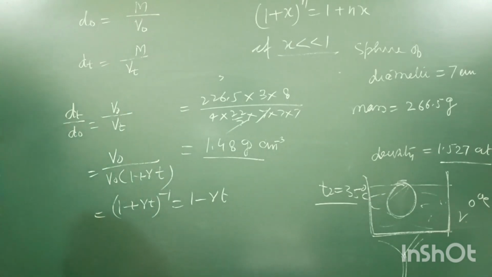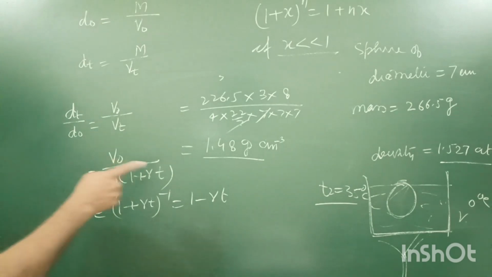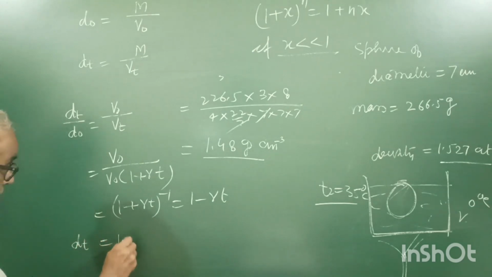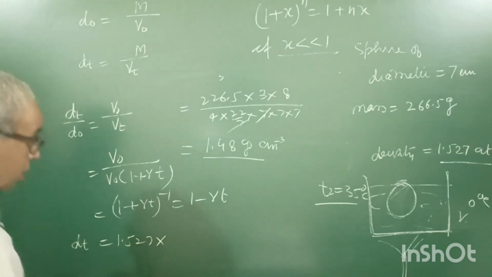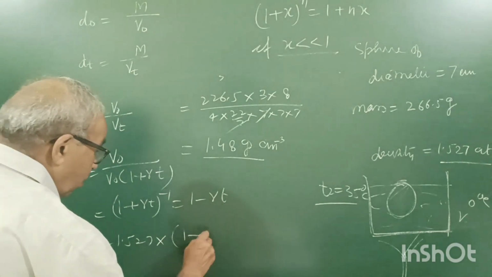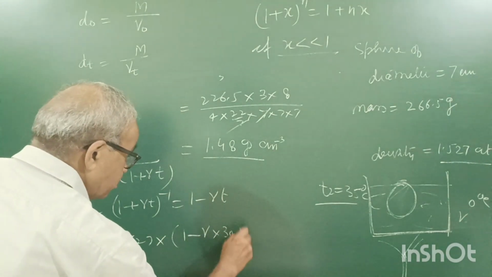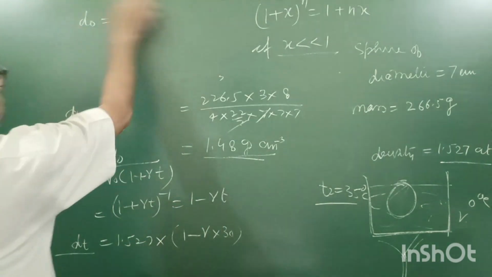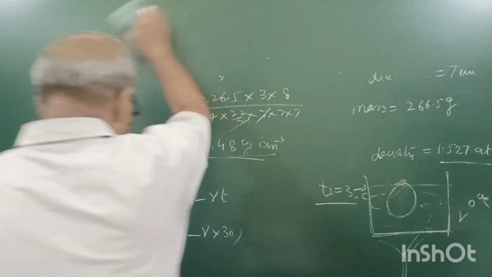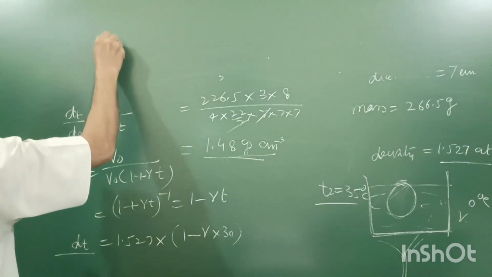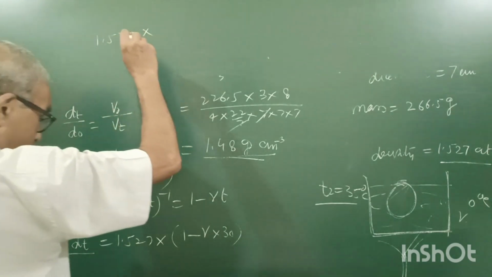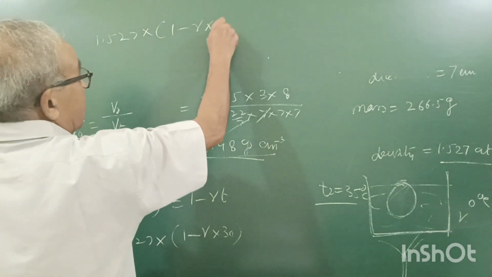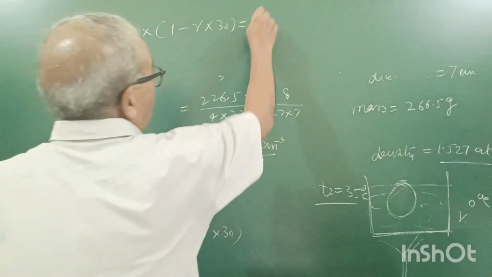And D0 is 1.527. So Dt will be 1.527 into 1 minus gamma into 30, and this will be equal to the density of the sphere. By the condition of flotation, 1.527 into 1 minus gamma delta t, 30, equals 1.48.